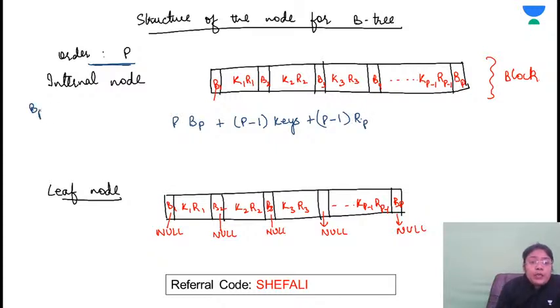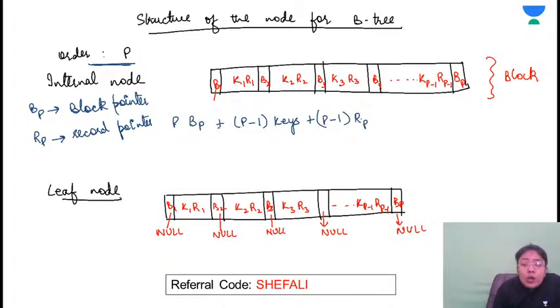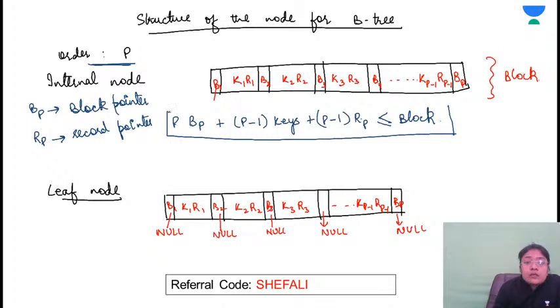Here I'm writing P for block pointer and RP for record pointer. And the total size of all of this data should not exceed the size of the block. So this is one formula based on the structure of the internal node of B tree.